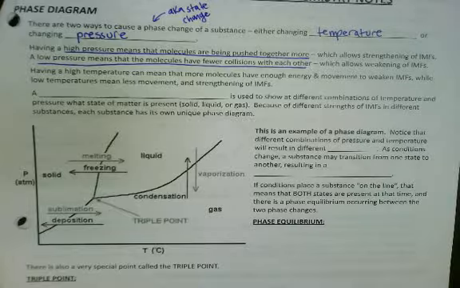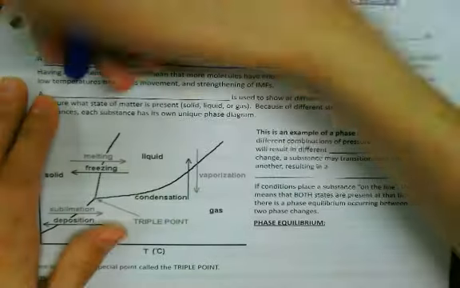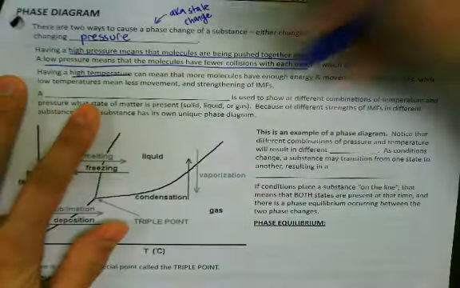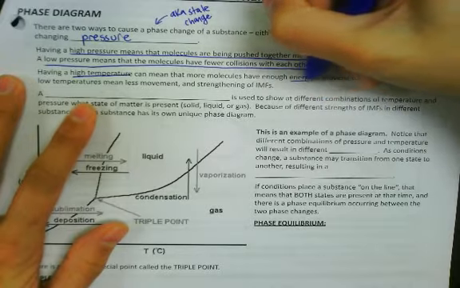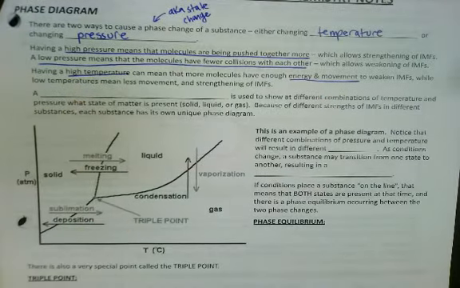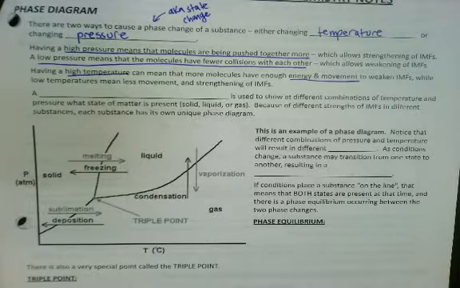The other way, of course, that we can cause a phase change is via a temperature change. A high temperature means that there is a lot of energy and movement associated with those particles. So if there's a lot of movement to the particles, a lot of kinetic energy, then that is going to allow them to kind of pull apart from each other almost.